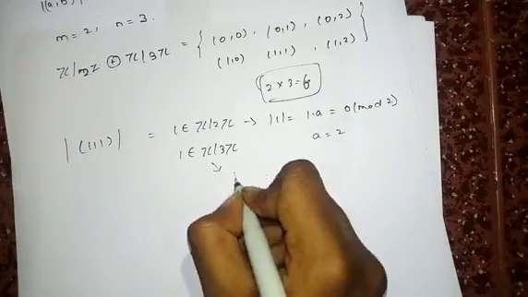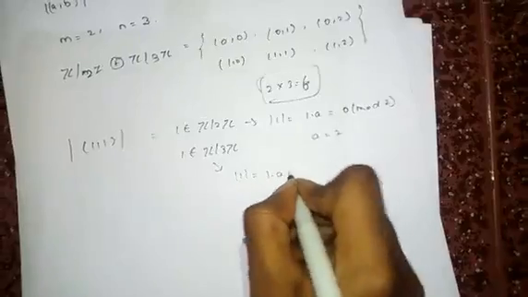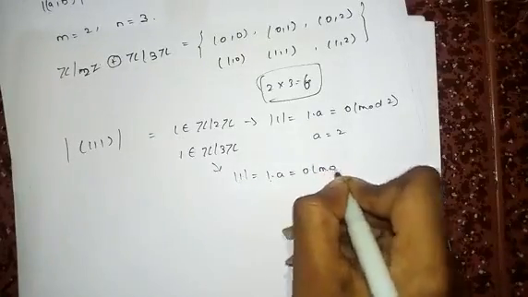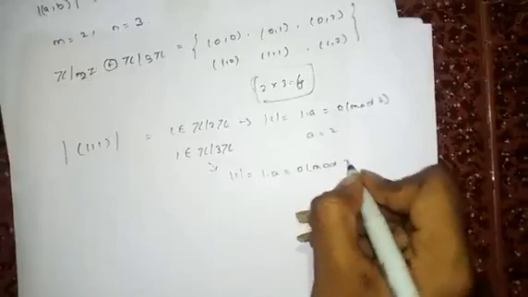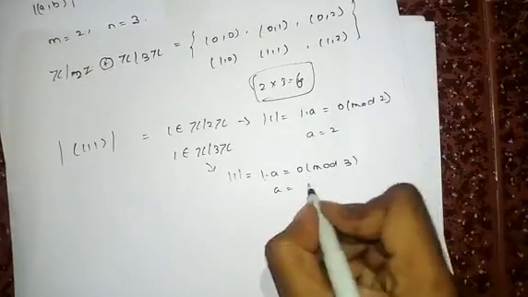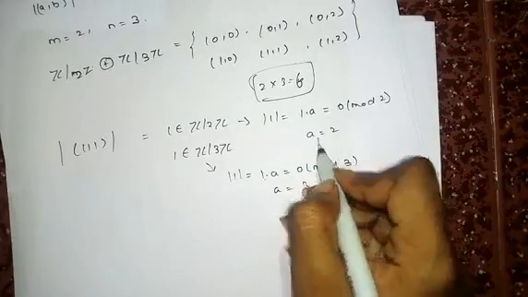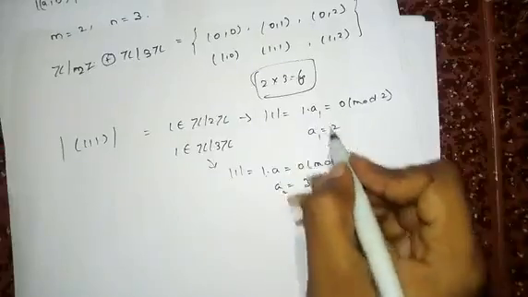And for the second, the order of 1 is 1 into a such that it is 0 mod 3, so here a is 3. You can give whatever name you want, a1, a2, that's your wish.